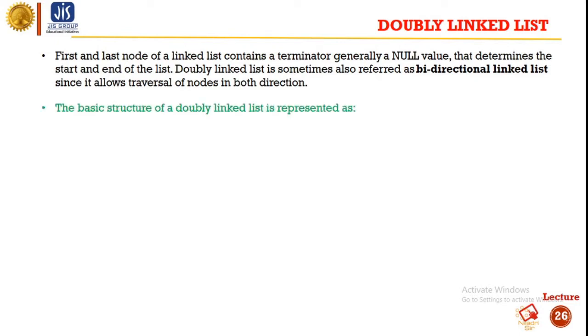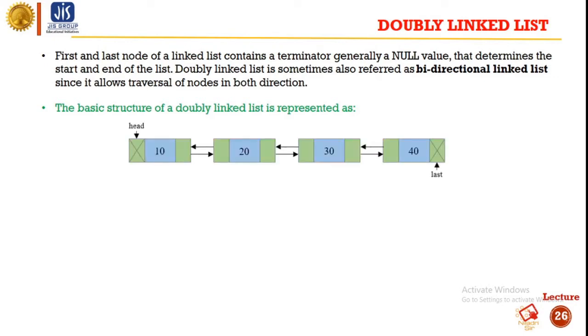The basic structure of a doubly linked list is represented like this. As you can see, this is the head and this is the last. These are the elements. So 10, there is no node before it. That is why this is null. And after 40, there is no node. That is why the next part is null.